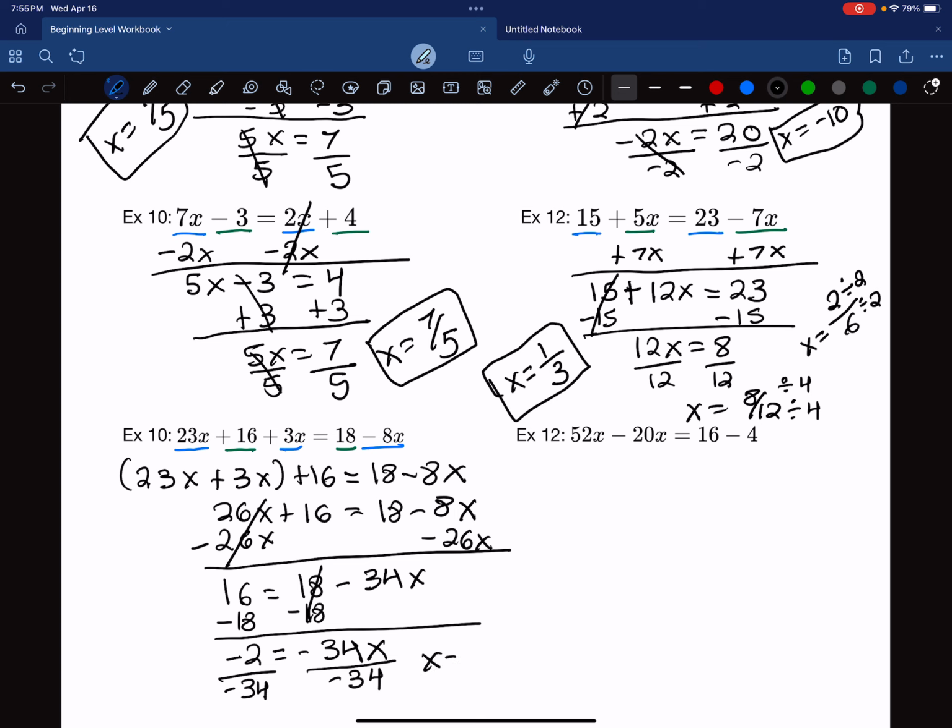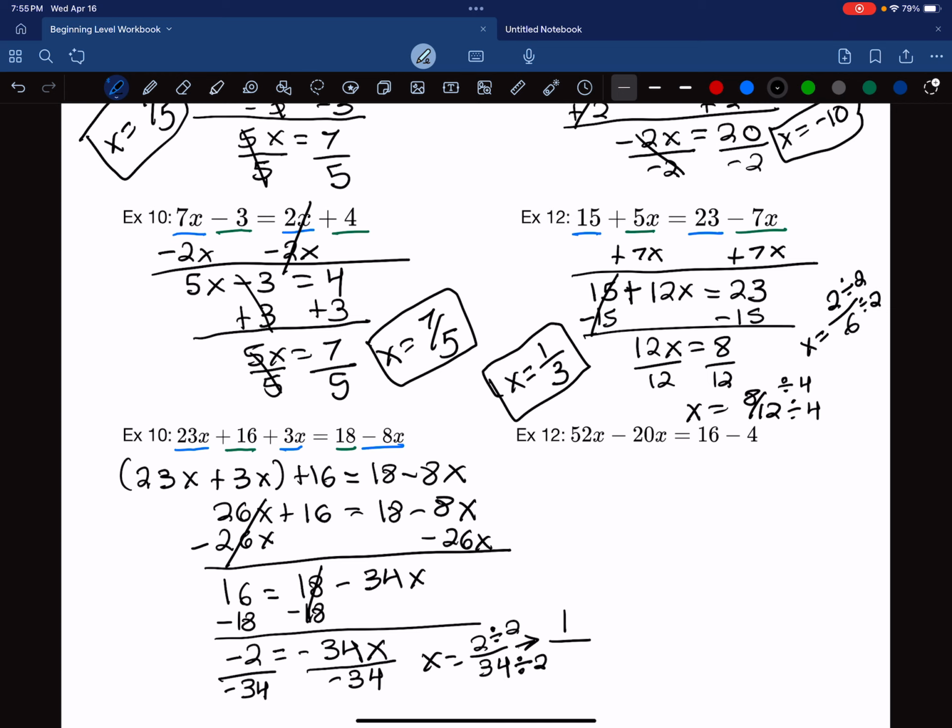So we get x equals, a negative divided by a negative is a positive, so we just have positive 2 over 34. And if we reduce that, we can divide both the numerator and the denominator by 2. So 2 divided by 2 is 1, and then 34 divided by 2 is going to be 18. 17, my apologies.